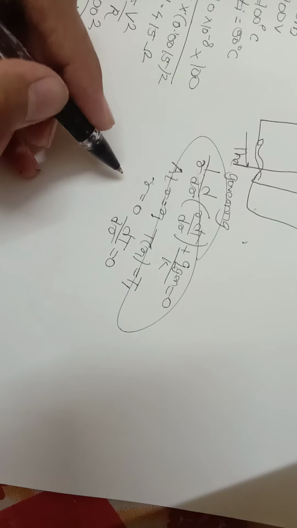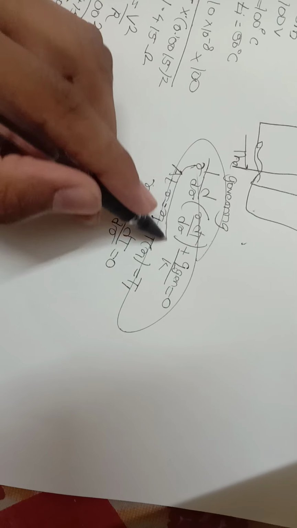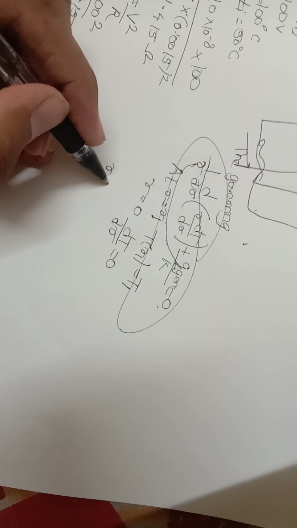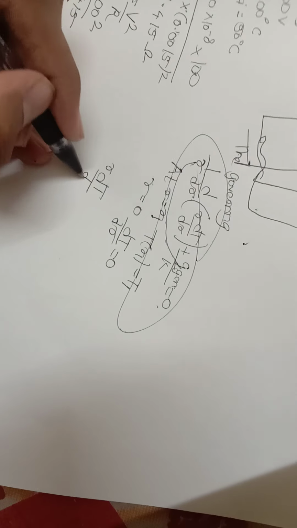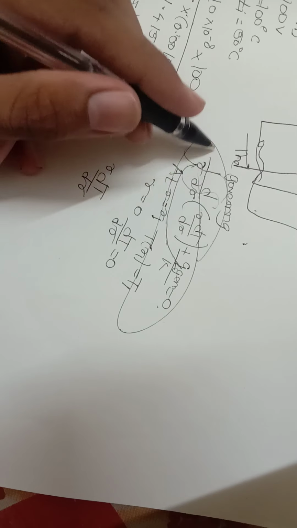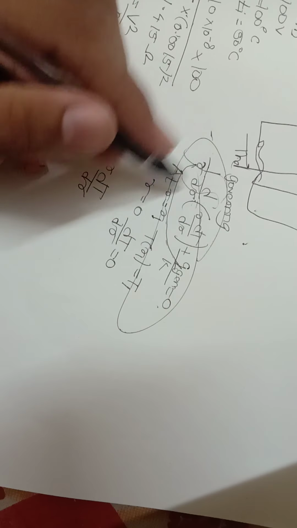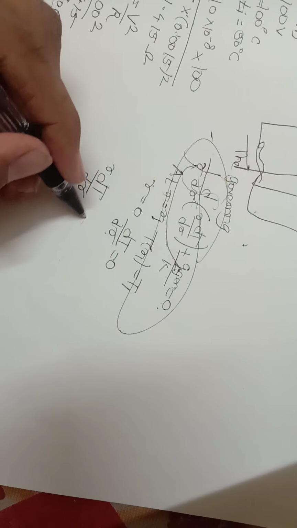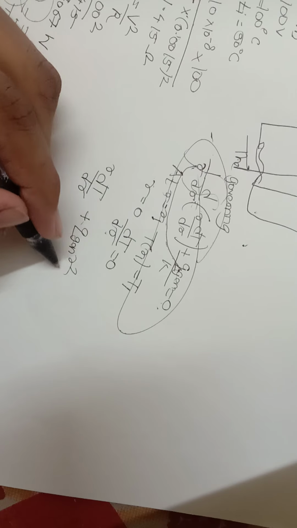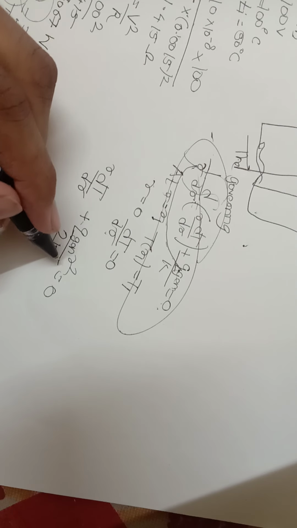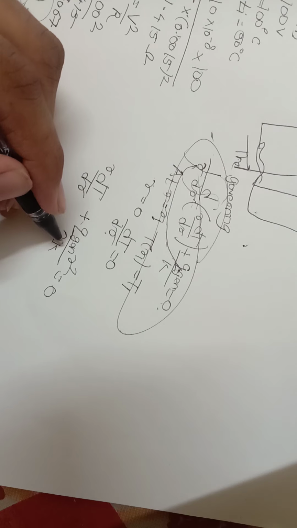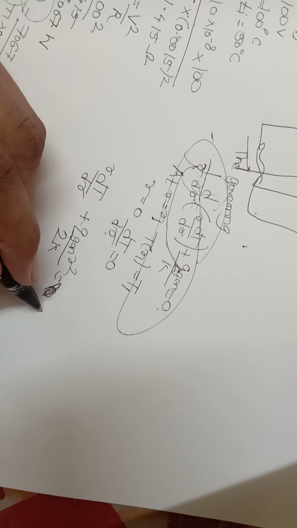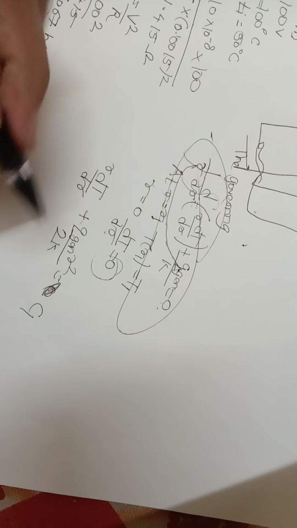Now we have to integrate this equation. On integrating this, first we multiply by r. Integration and differentiation are like virus and antivirus. So now r dT by dr, r square by 2 plus q generated r square by 2k is equal to c1.